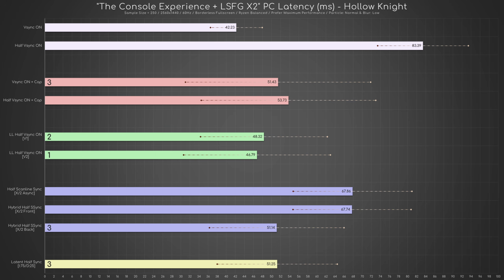For the reasons outlined above, I would again only consider LL half Vsync On v2 and latent half sync, only in reverse order this time. Anyhow, note that you will only get at most 9 milliseconds more than a classic Vsync On. This is a great outcome, in my opinion.